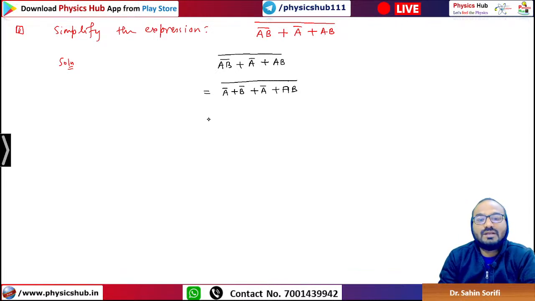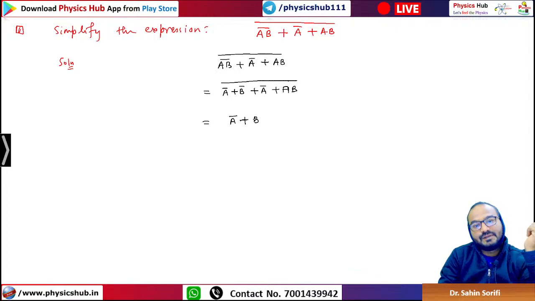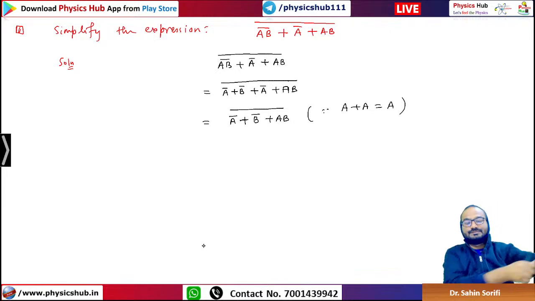Now A complement plus A complement is A complement, plus B complement plus AB. We have used this property: if you have a variable repeated, we get the same variable.